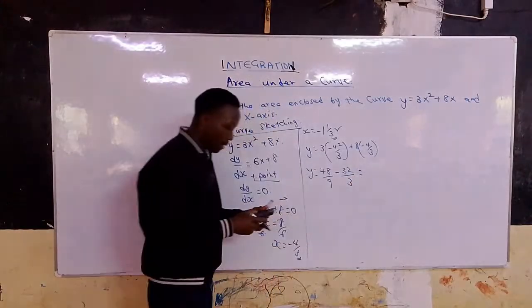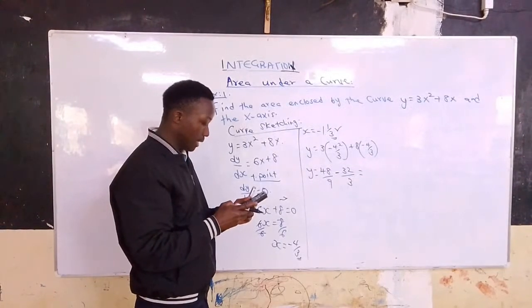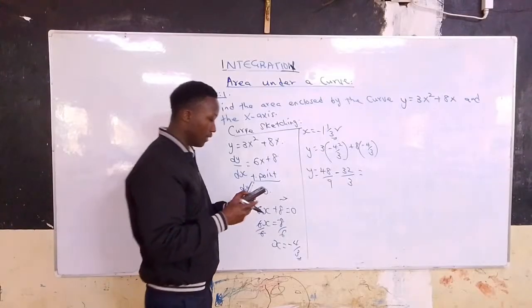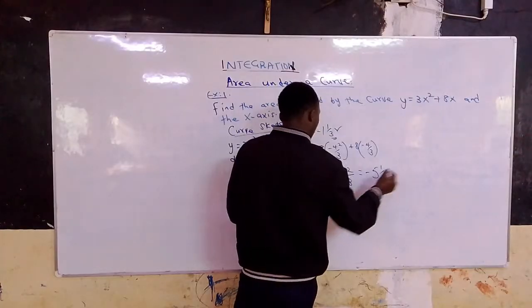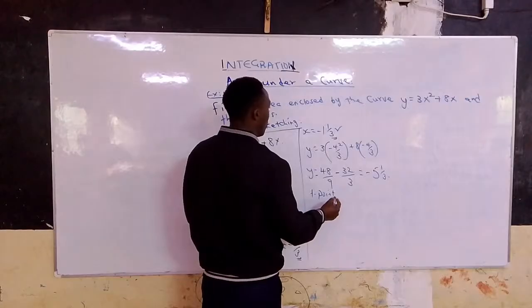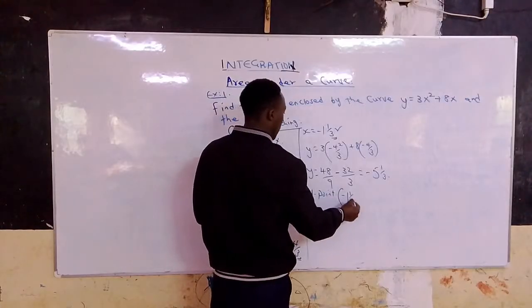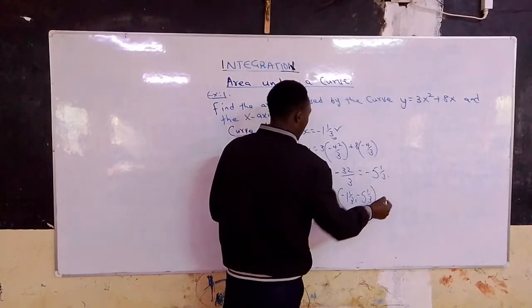We have our y as 48 over 9 minus 32 over 3. That will definitely give us negative 5 whole 1 over 3. So our turning point will be negative 1 and a third and negative 5 1 over 3.